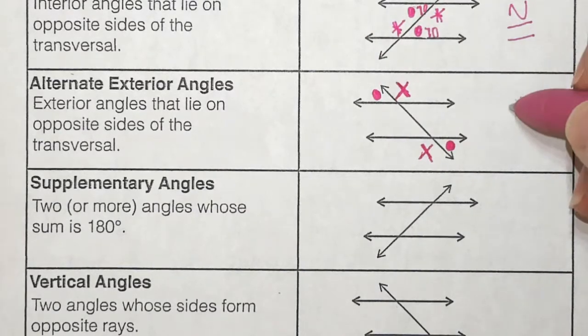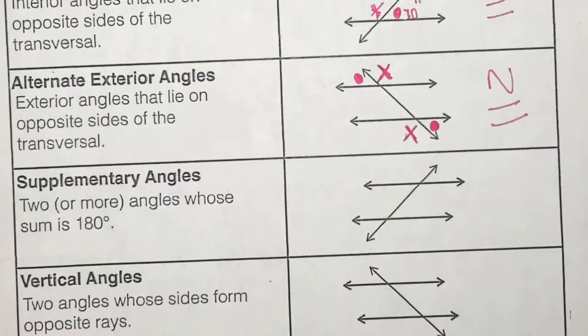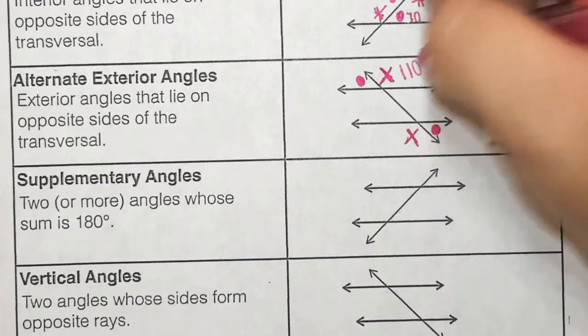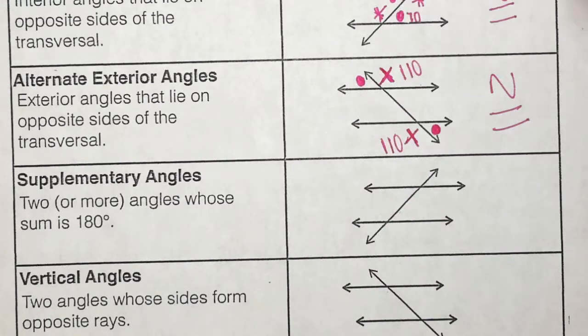Guess what those are as well? Congruent, the same. So if this one is 110 degrees, you can know that this one down here is also 110 degrees.